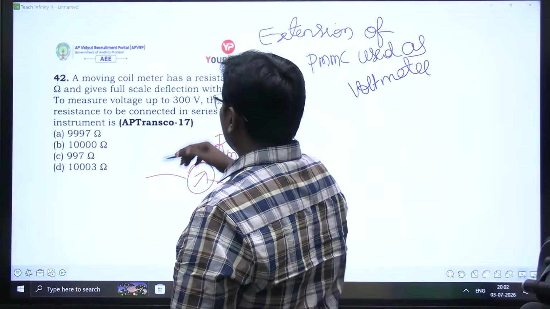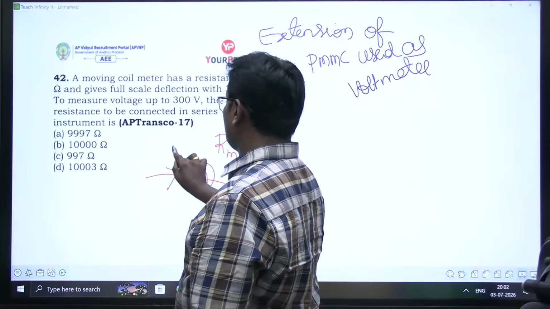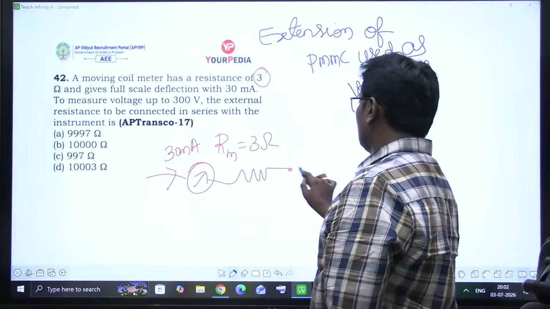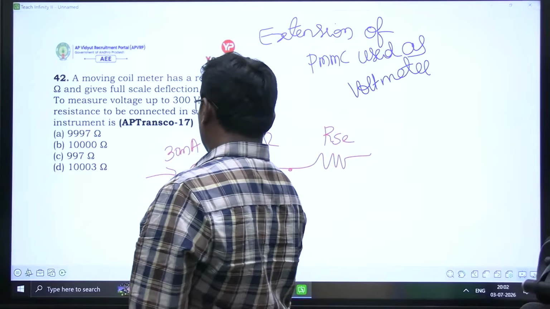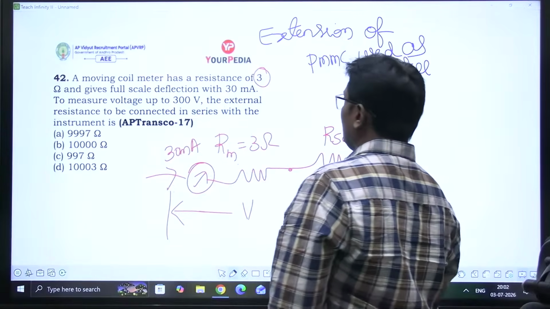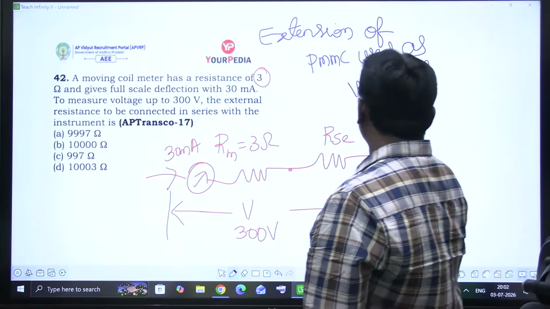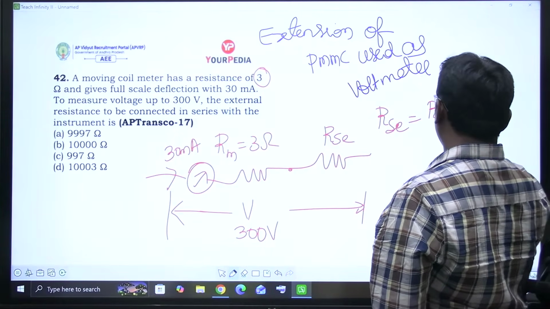And to measure the voltage up to 300 volts, the external resistance is required. The current is 30 milliamperes, given. Now, you have to calculate the external resistance. So now, what is the voltmeter range? This voltmeter range is 300 volts. So direct formula: Rs is equal to Rm into (m minus 1).